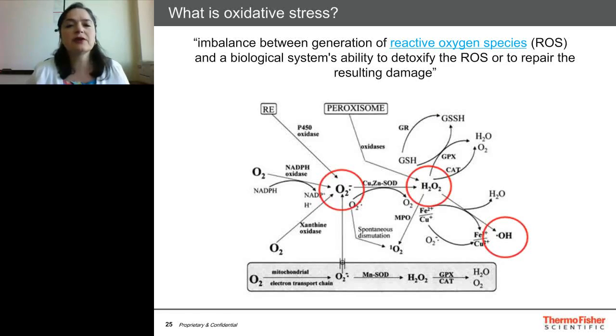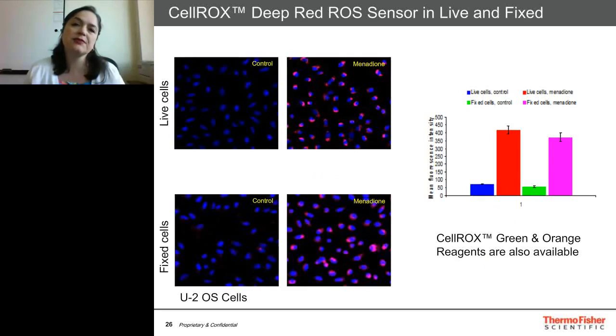So another common question when it comes to cell health is oxidative stress. Oxidative stress is reactive oxygen species that get generated through a variety of ways. And we have a few really nice probes to ask questions about whether your cells are undergoing oxidative stress or not. The one you're looking at here is CellROX Deep Red.